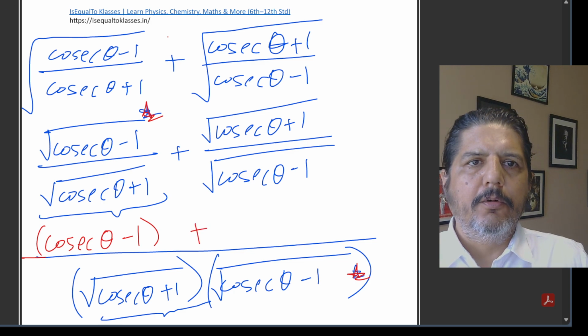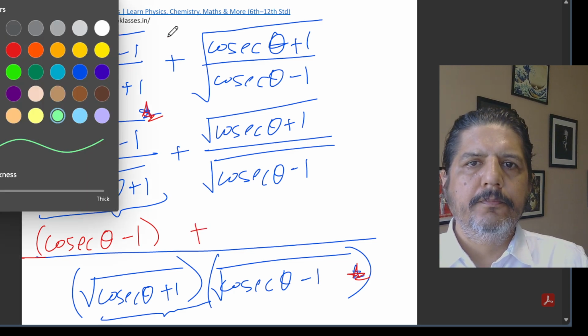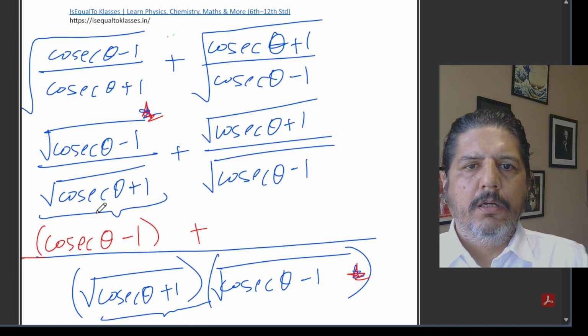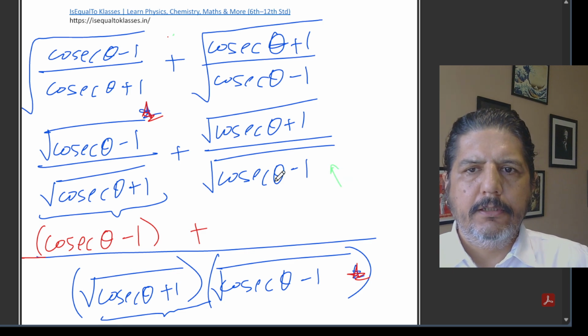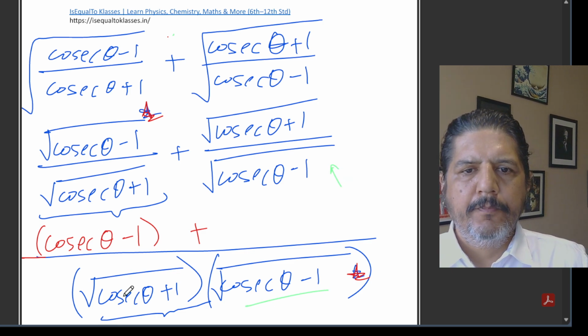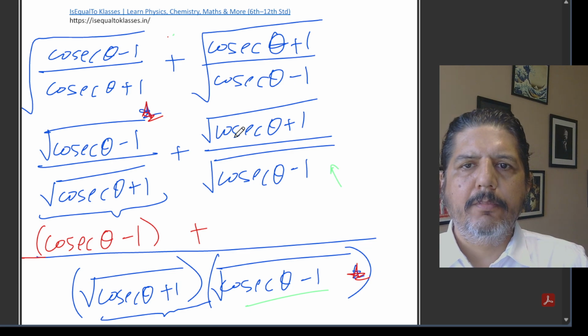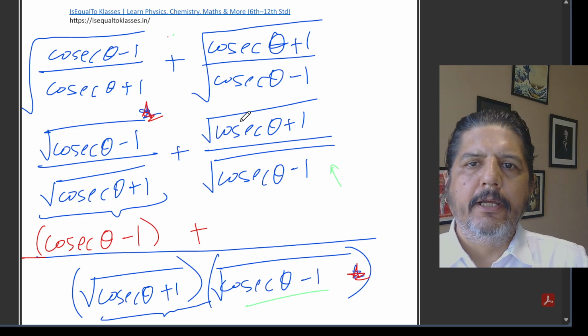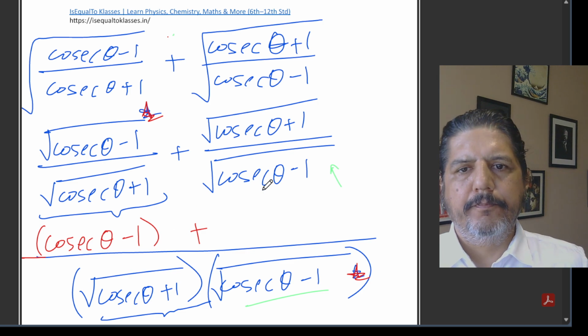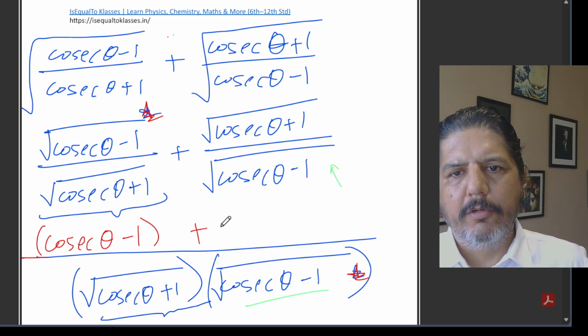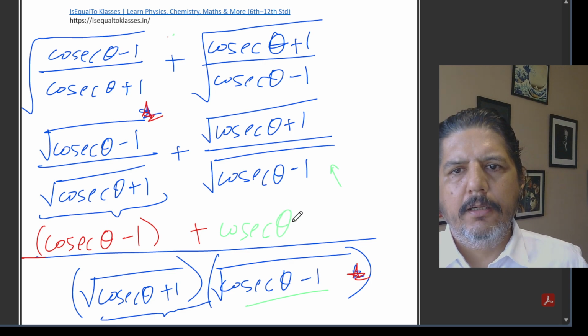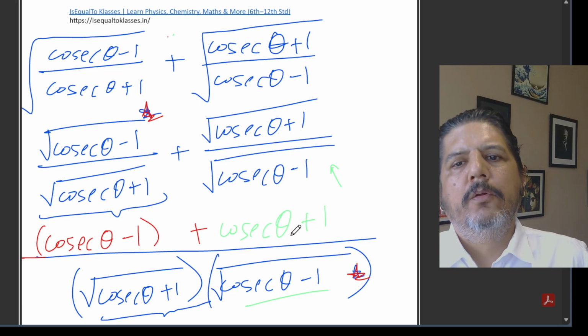Plus, in the second case, when I take the second term, cosec theta minus 1 root is already there. So cosec theta plus 1 root multiplied by cosec theta plus 1. Again, root multiplied by root, the root will vanish. So this would be equal to cosec theta plus 1. Hope this is making sense.